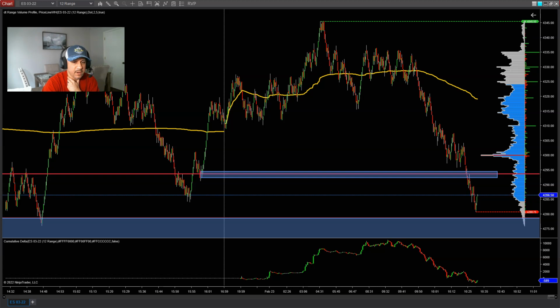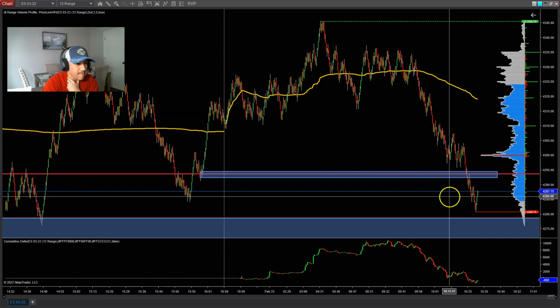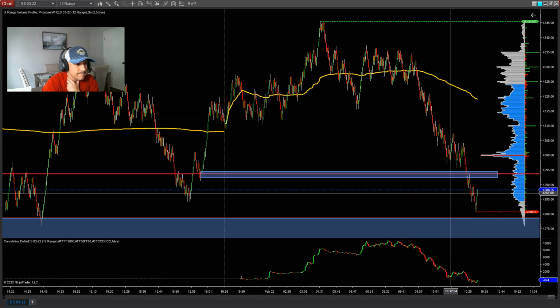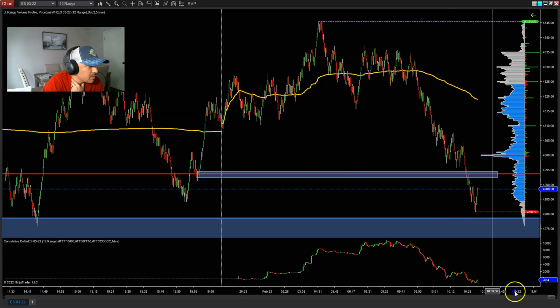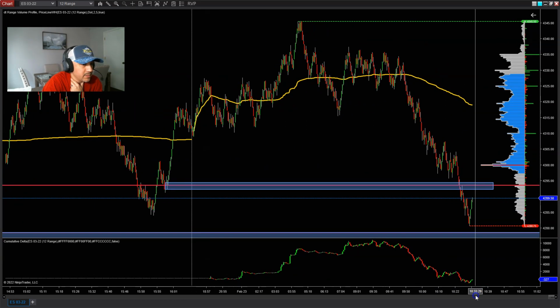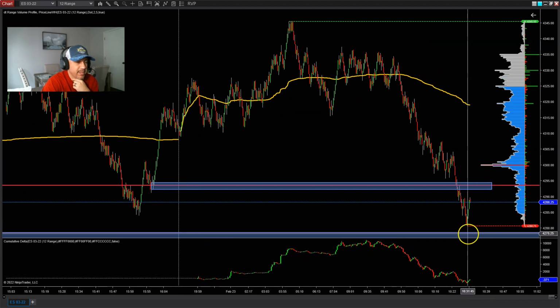All right, so let's pay attention now. Right here in this area. Okay. See what price does here. I'm gonna blow this area up. We've got to be careful because price is almost at an area of demand down here, but it's pulling back to an area of supply.